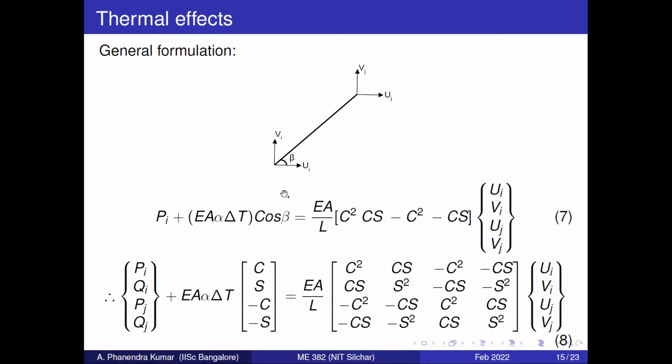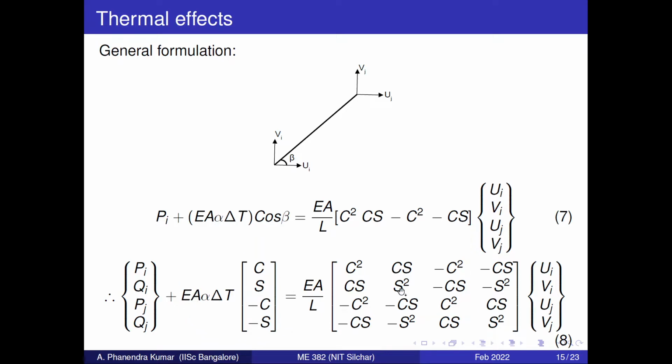So previously, when we had only mechanical loads, we used to have only this part. We haven't had this temperature part. We used to have only the mechanical load part, stiffness matrix and degrees of freedom. Because of the inclusion of this temperature effect delta T, now we have this additional part here.